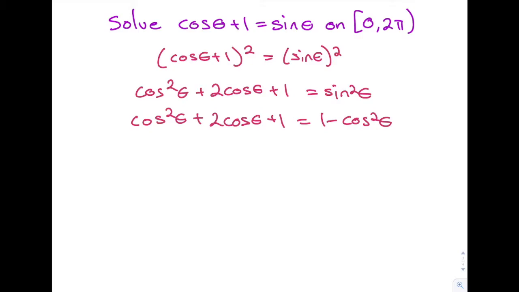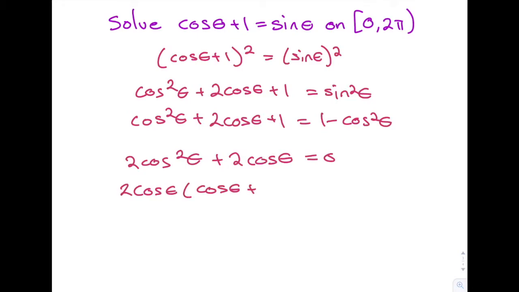Move everything over to one side, so we have 2 cosine squared theta plus 2 cosine theta, and then the 1's cancel, equals 0. Factor cosine theta out, and actually we can factor 2 cosine theta out, so we have 2 cosine theta times cosine theta plus 1 equals 0.